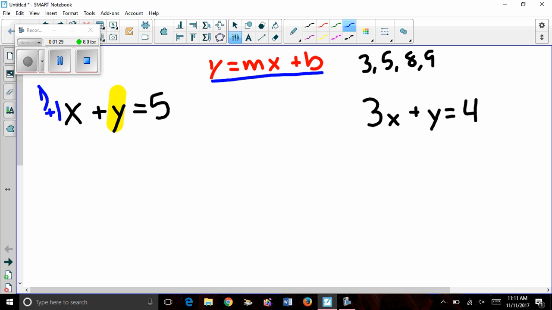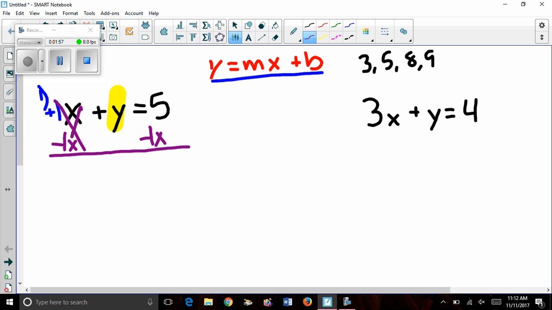So that's a positive 1x. We can use our solving equation skills to subtract 1x on each side. We haven't worked much with how to actually move equations that have two variables in it, but we are allowed to add and subtract that entire piece over to the other side.